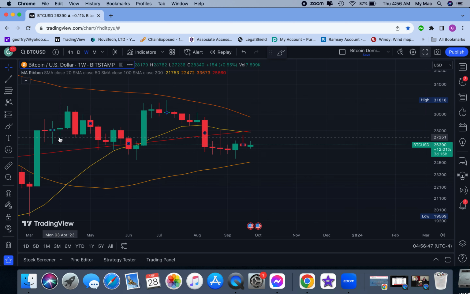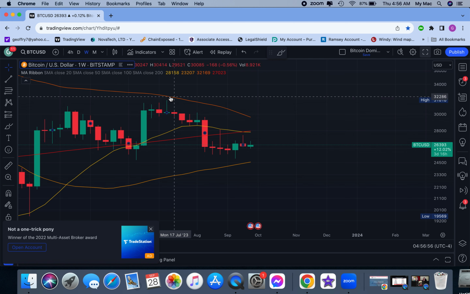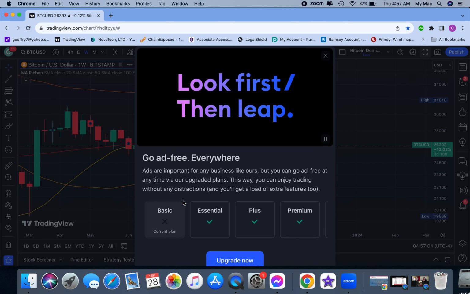But we broke above this red band, used it as support, bounced off of it, broke below, then broke back above it, hit the top band, and then started down. Got close to hitting the bottom band, and that's where we are currently.